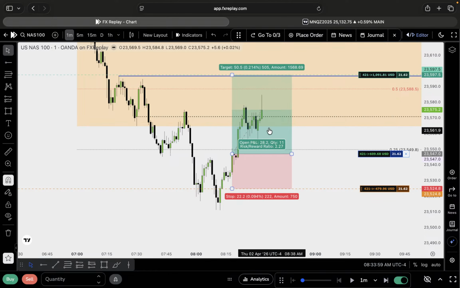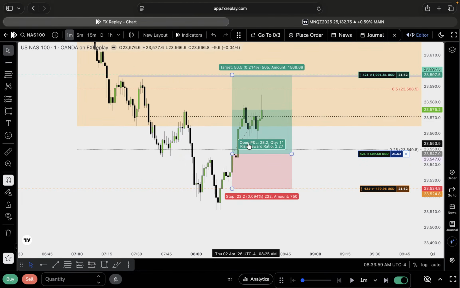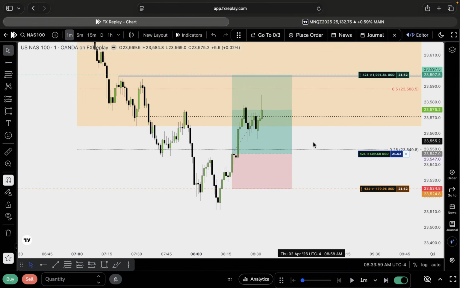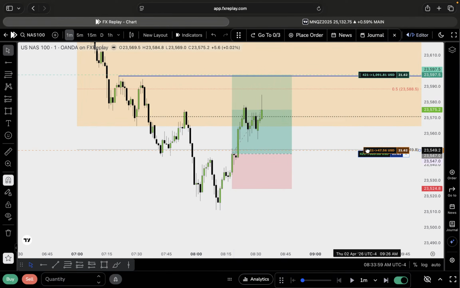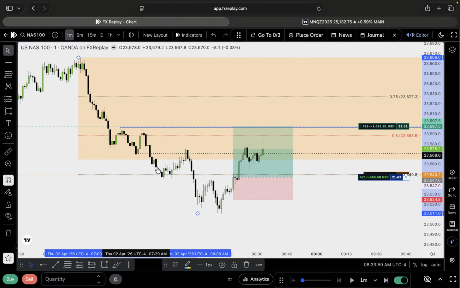All right. So now we got this push down, push up again, taking out that high. Now I'm going to trail my stop, and I'm going to trail it just below this bullish inefficiency right there. Now I do need to get rid of this again. Wait, where'd it go?